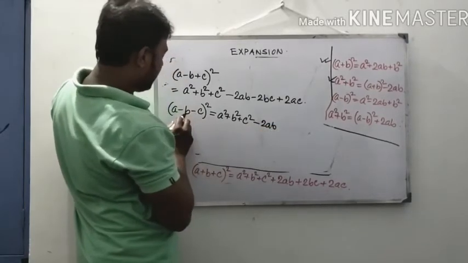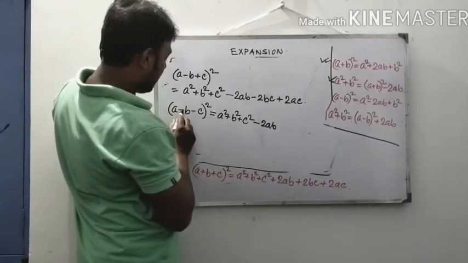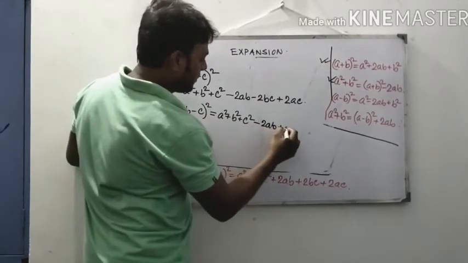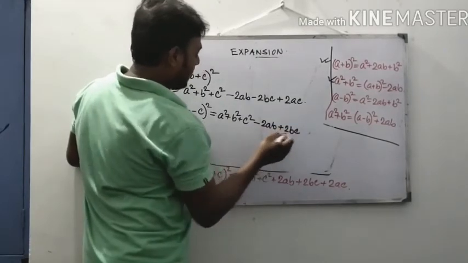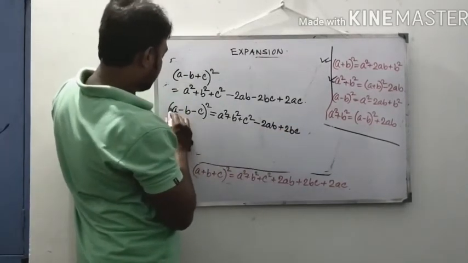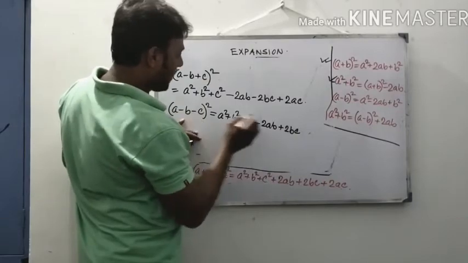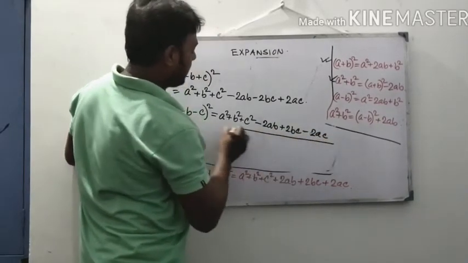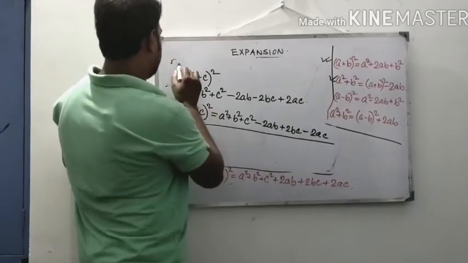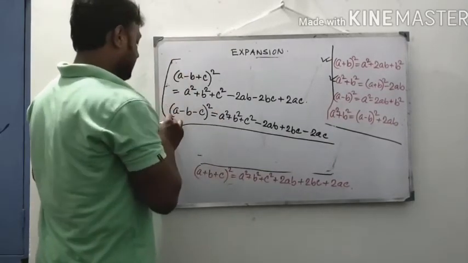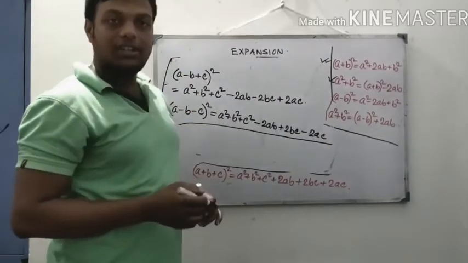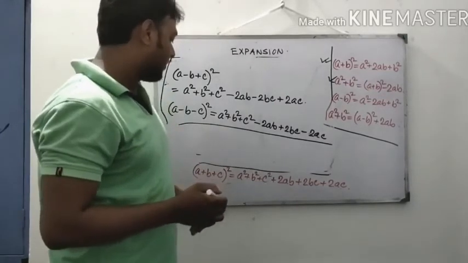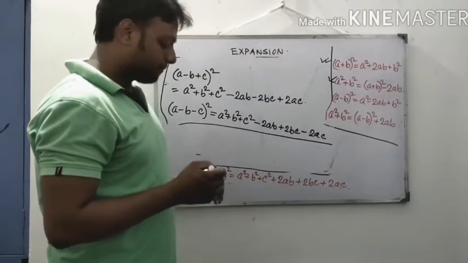When we write bc, b negative, c negative, so negative into negative, positive, so +2bc. And first and last, first is positive, last is negative, so plus minus minus, -2ac. Understood how to expand this whole square of 3 terms? This is very simple. Clear?